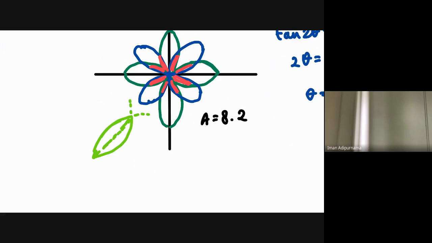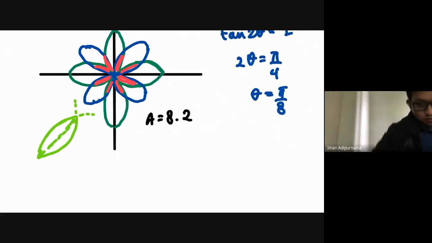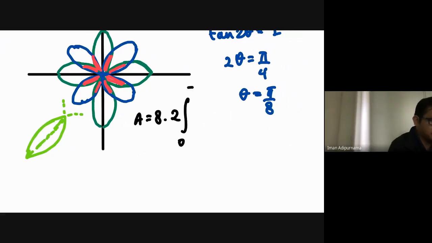So that's why I will write this as 8 areas multiplied by 2, these 2. So 8 multiplied by 2, and then the integration from 0 to pi over 8, the intersection.